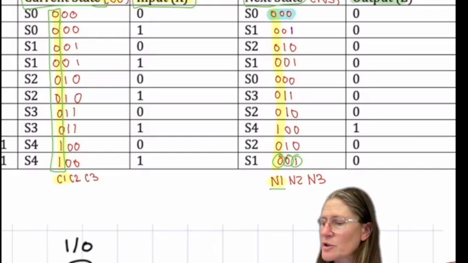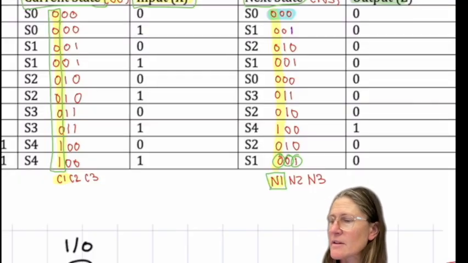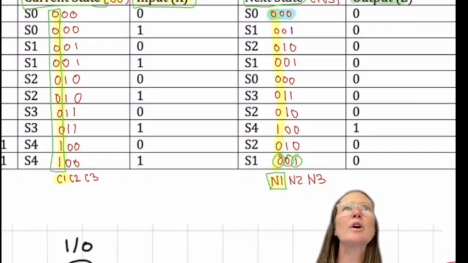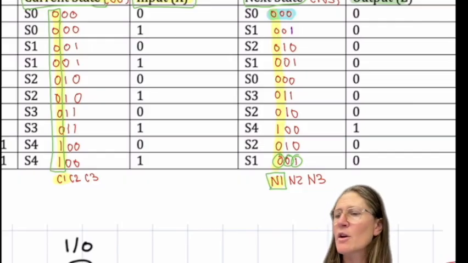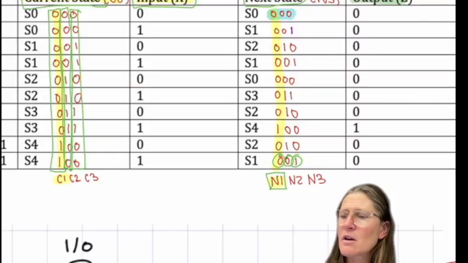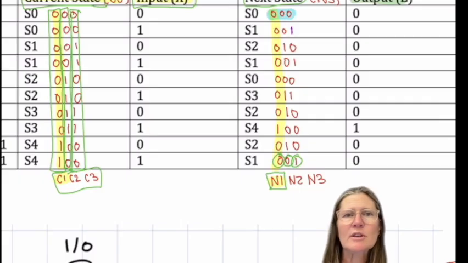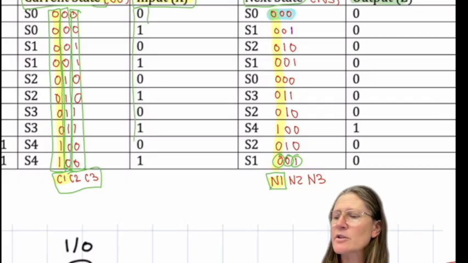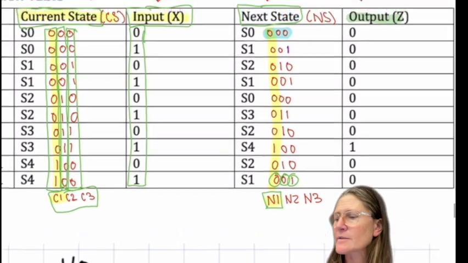So I need to first do one of the bits, which I would call N1. What do I need for N1? Well, it's going to have all 3 of these variables, which I labeled C1, C2, and C3. And then there's all of my variables X.